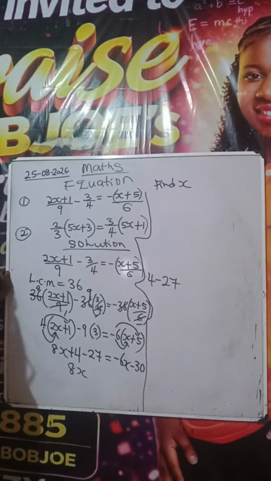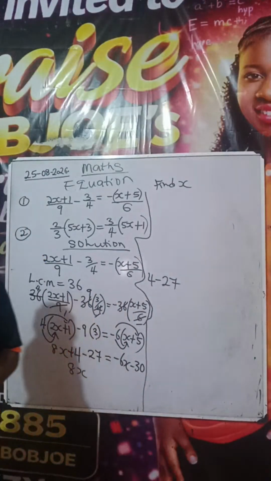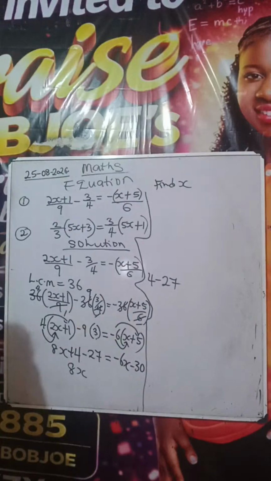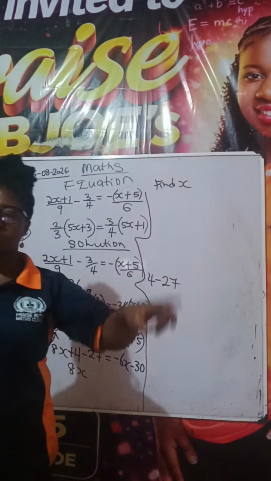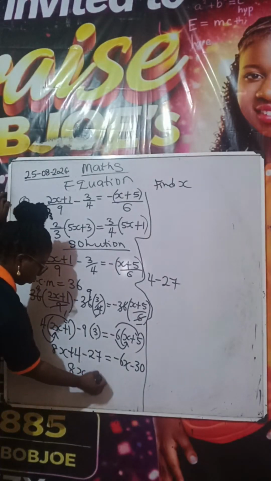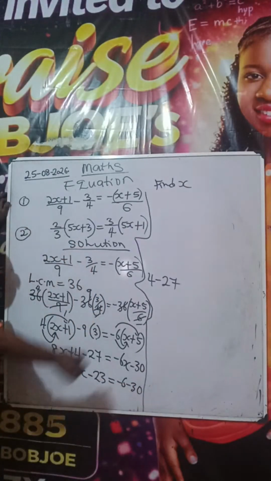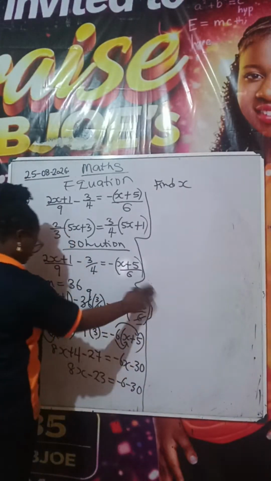Everybody, 4 minus 27, so what is it going to give us? We can't remove it, so that means we are getting minus 23. Correct. So we have minus 23 equals minus 6 minus 30.